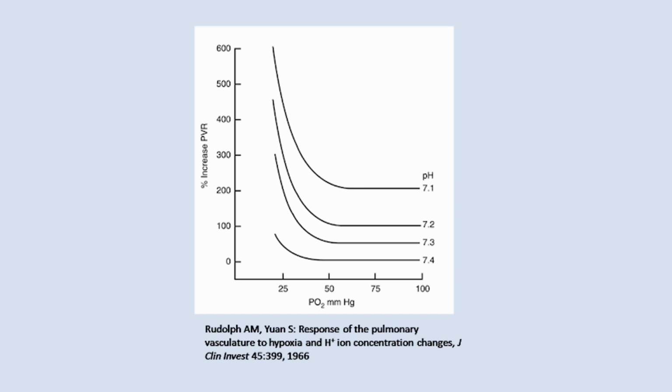This graph is trying to show you the third determinant of the pulmonary circulation, which is the effect of hypoxia and pH, oxygen and CO2, on pulmonary circulation. As the graph shows, if you have acidosis, there will be more vascular resistance in the pulmonary circulation.